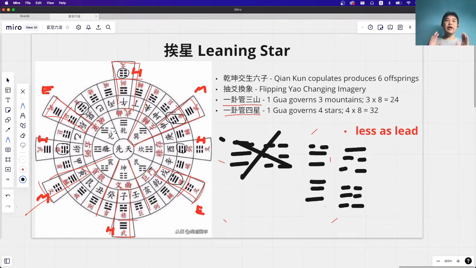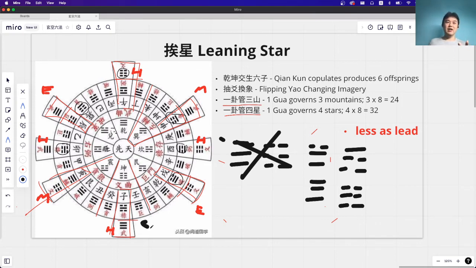So now we already have the stars. In Xuan Kong Liu Fa, when you have gotten these stars, you flip the one gua and you get another gua. You can actually interpret it differently, as later heaven or early heaven. In this instance, we are talking about later heaven.